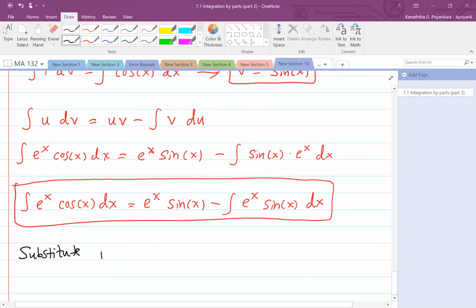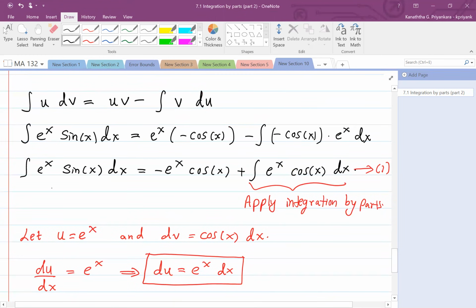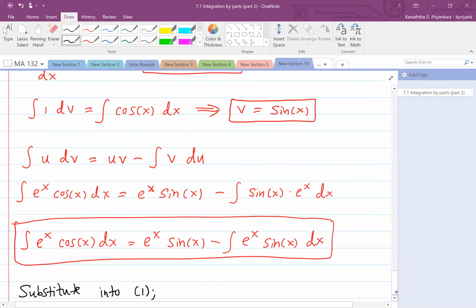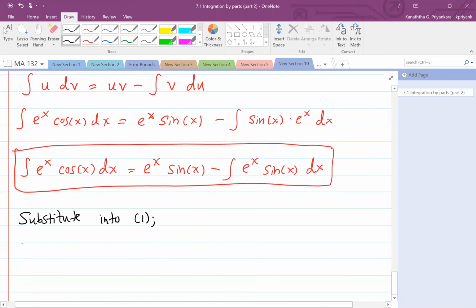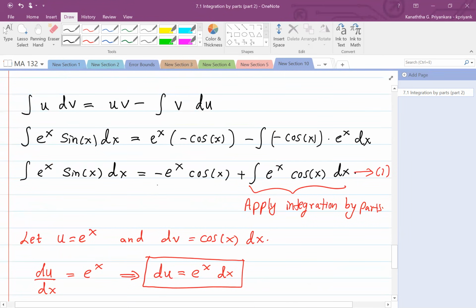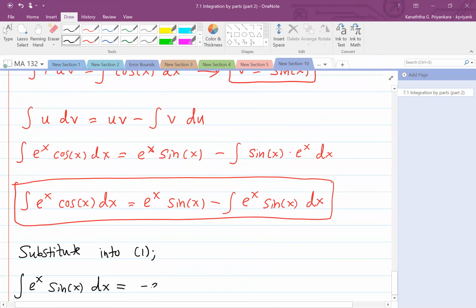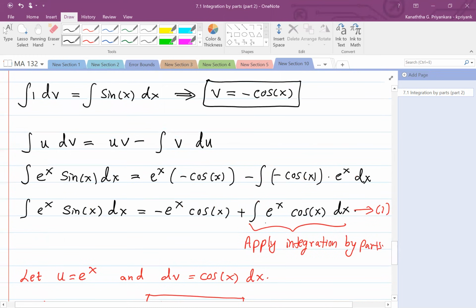Substitute into 1. So we can write down equation 1, which is integral e^x sine x dx equals, right hand side, we have negative e to the power x cosine x, plus, then we have this integral.